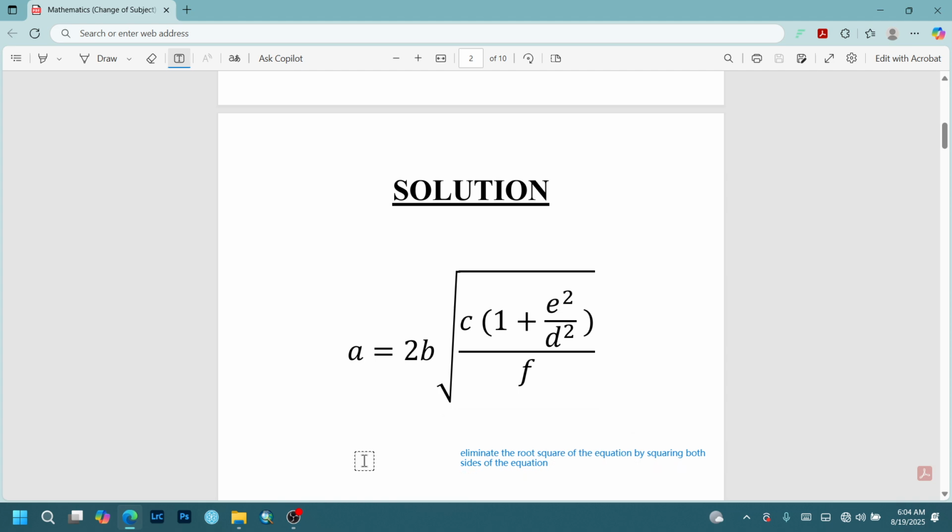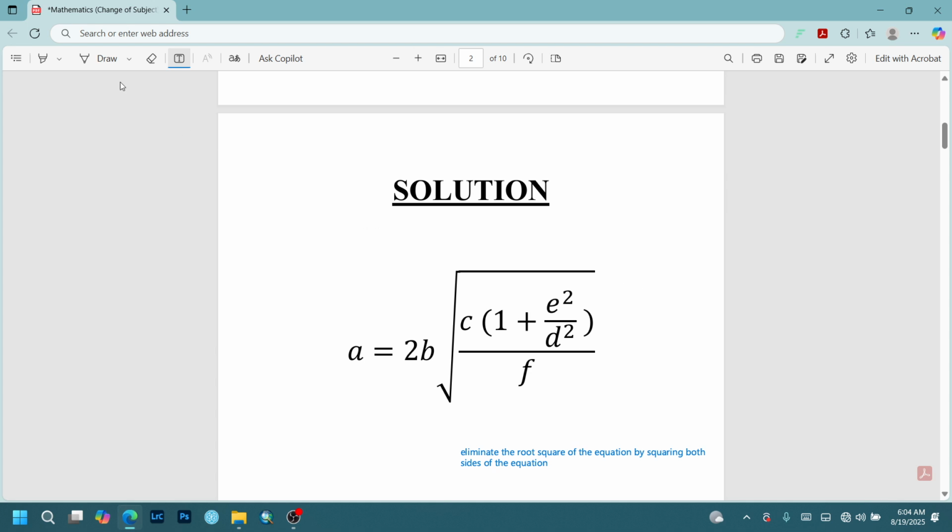So whenever you meet a practical change of subject question in mathematics and there's a root square involved, what you have to first do is to eliminate the root square by squaring each side of the equation.